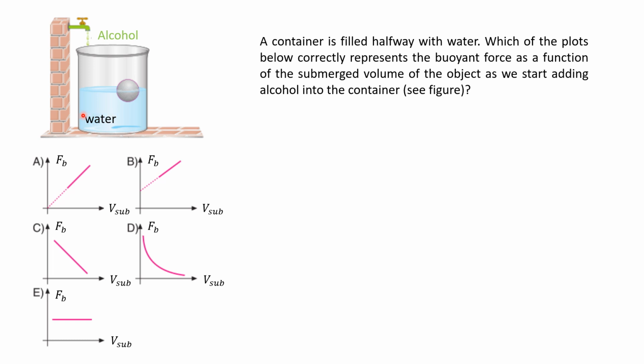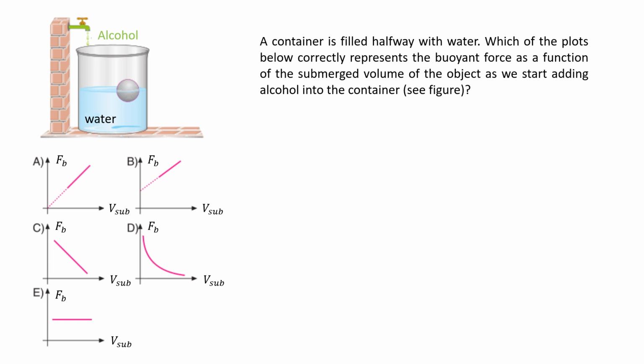The density of the water is 1 gram per centimeter cube. The density of alcohol is less. It's roughly 0.9 grams per centimeter cube. As we add alcohol, the overall density here drops. Now the question is whether it's going to affect or not affect the buoyant force.